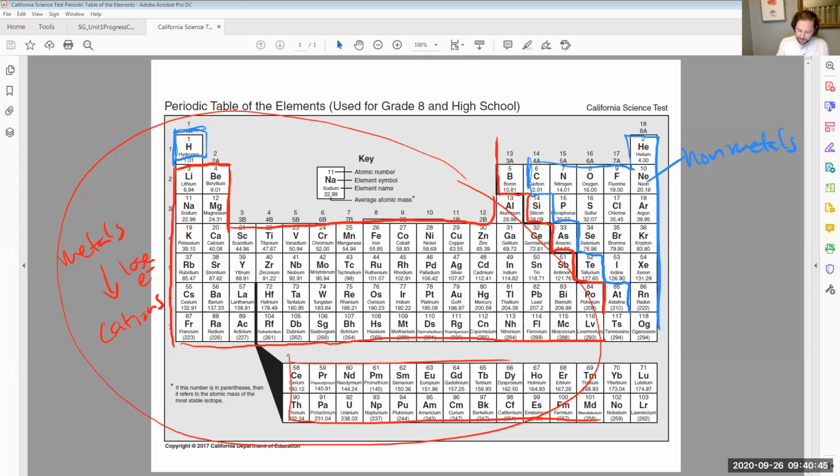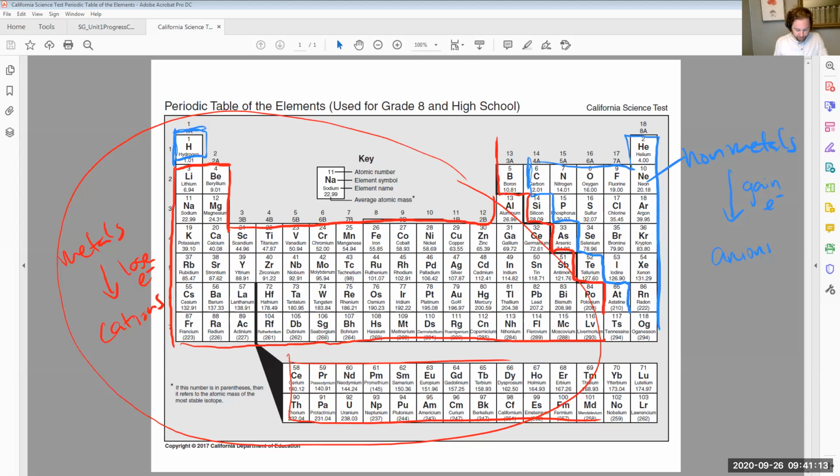And so when nonmetals ionize, they form anions, and they gain electrons. Now, what we'll get into when we do chemical bonding and talk about salts and ionic compounds is a little bit more about why they lose electrons and gain electrons when they ionize. But right now, just knowing that this is the trend is going to help us.